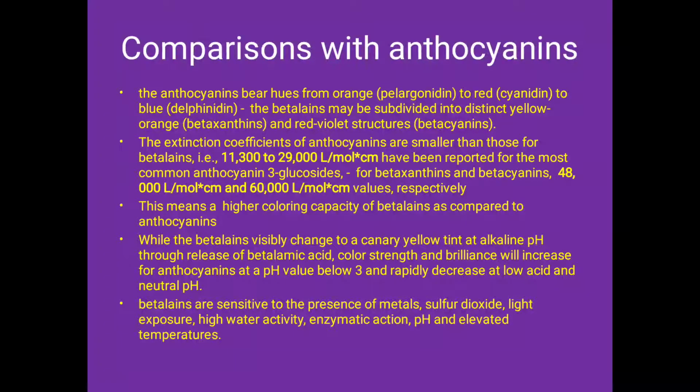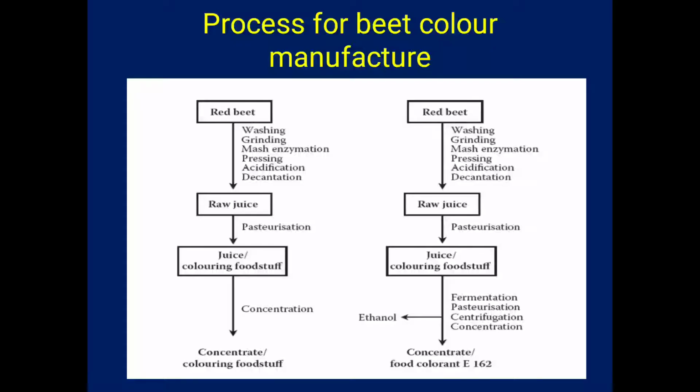While betalains visibly change to a canary yellow tint at alkaline pH through the release of betalamic acid, color strength and brilliance increase for anthocyanin at pH values below 3, and rapidly decrease at low acid and neutral pH. Betalains are sensitive to the presence of metals, sulfur dioxide, light exposure, high water activity, enzymatic action, pH, and elevated temperature.